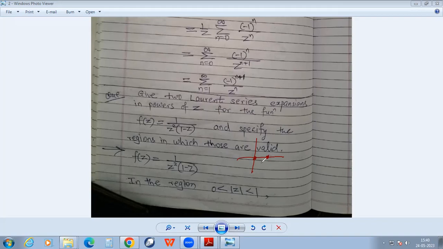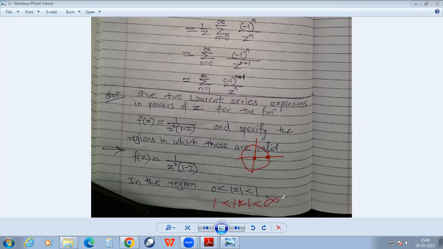So what we'll do? We will take unit circle around 0, such that mod z is less than 1. So z will just touch this, which is not an interior point, and the remaining plane with mod z greater than 1. Another thing will be 1 less than mod z less than infinity, which includes the rest of the points.